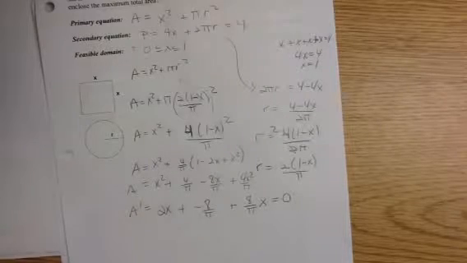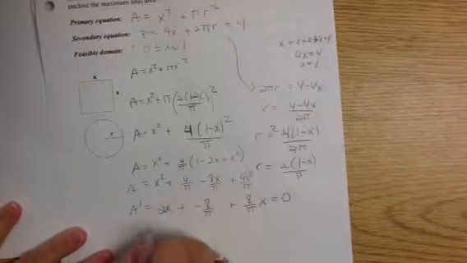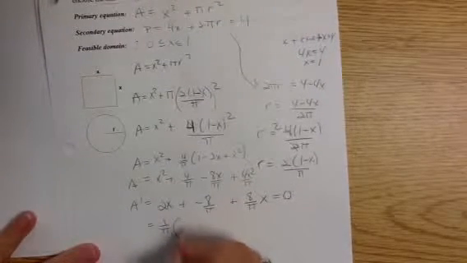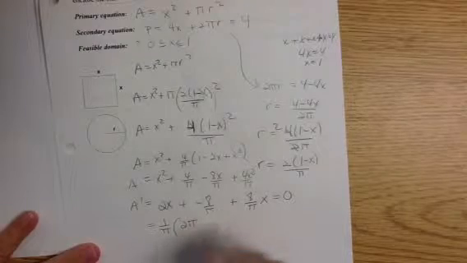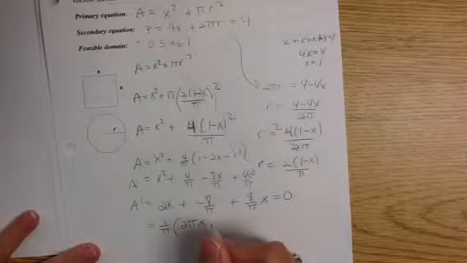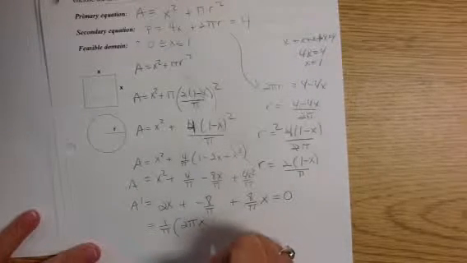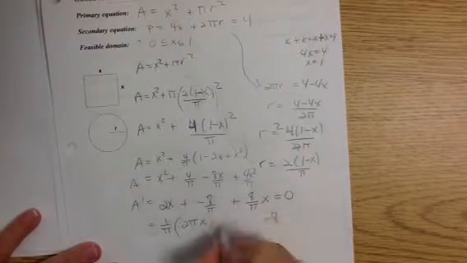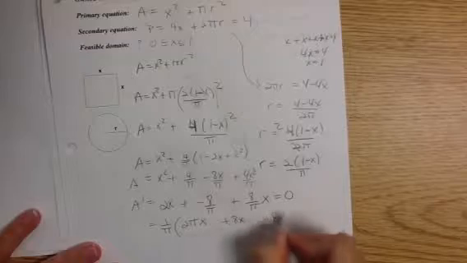Well, let's see if we can pull out some pi's. I'm not quite sure if we can. There's no pi here, but let's try this. 1 over pi, and I could actually leave this as a 2 pi x, and I could leave this as a minus 8 over here, and this would be a plus 8x over here.